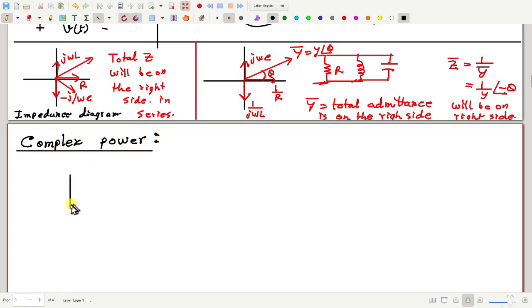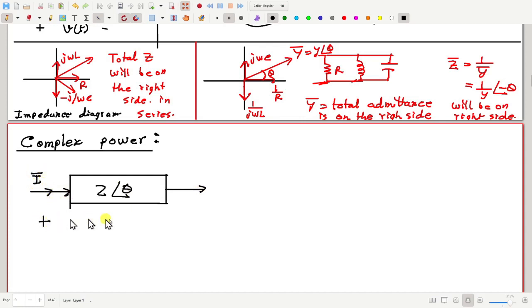Once again consider an impedance Z angle theta. Now let me write the voltage and current in their phasor notation.